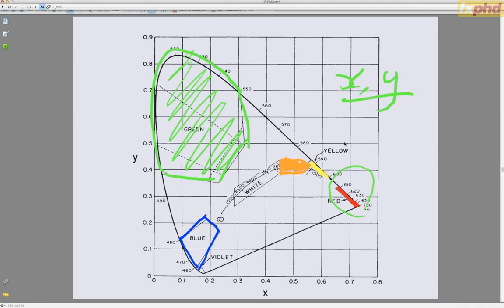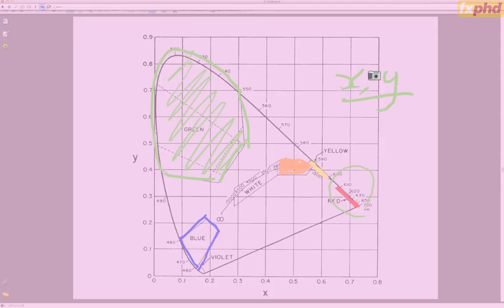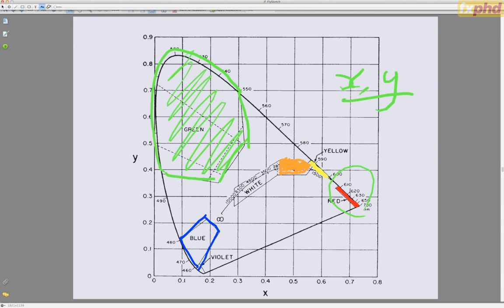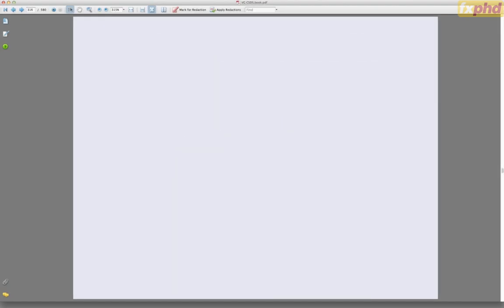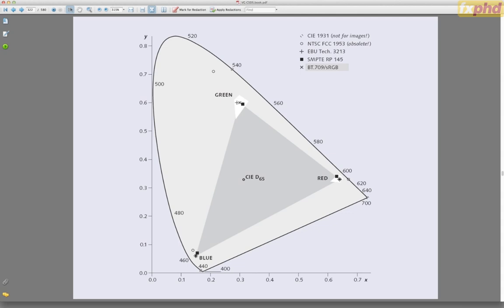And it's very, very useful to find a way to make it uniform. And that's the purpose of the CIE LAB color space. So let's go there and look at LAB.